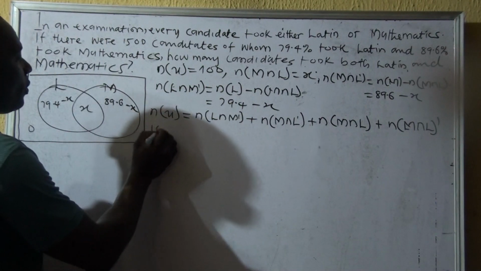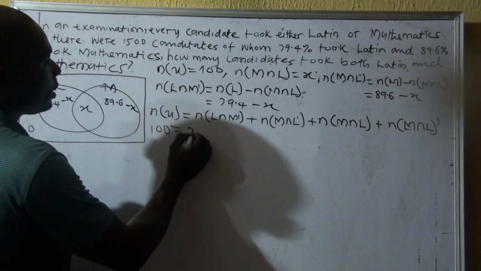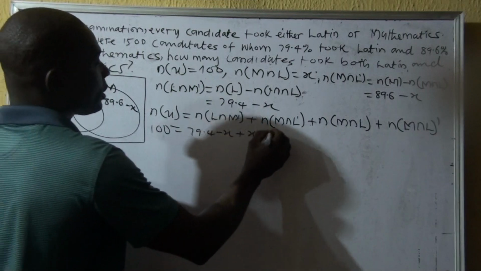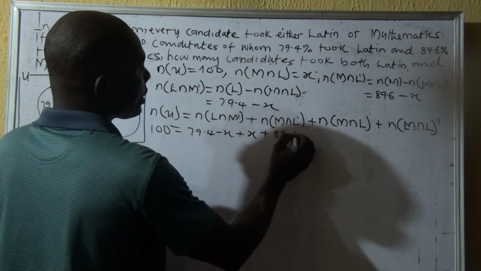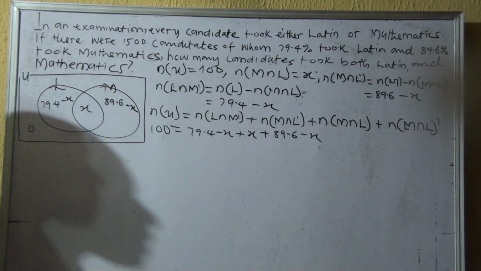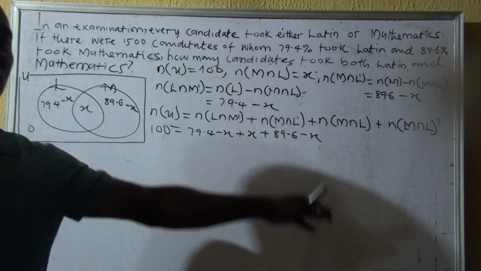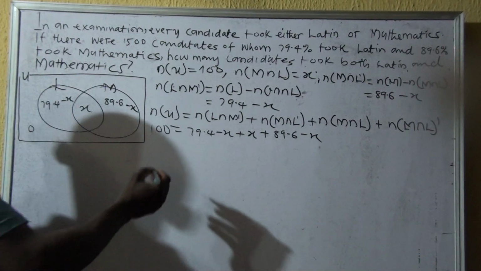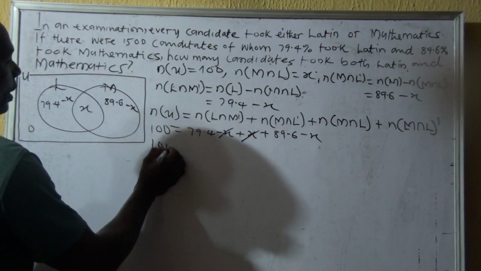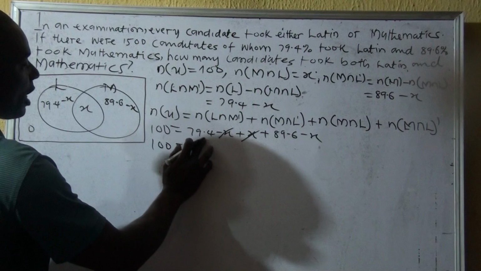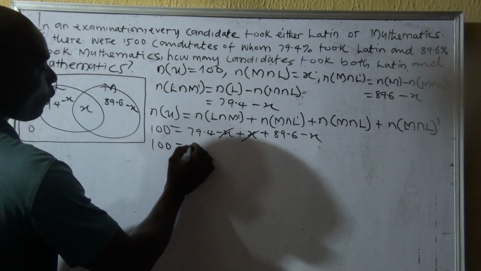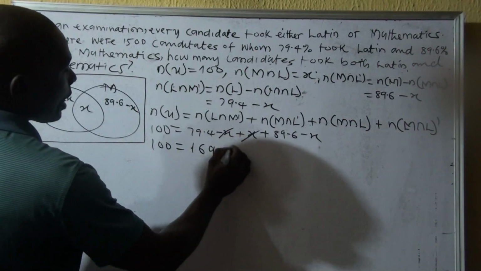So here we have 100 is equal to 79.4 minus x plus x plus 89.6 minus x. So this is through set algebra equations. Here, minus x plus x is off, and here we have 100 equals 79.4 plus 89.6, and that will give 169 minus x.